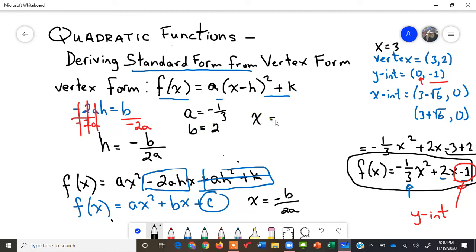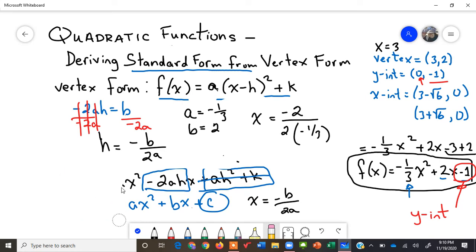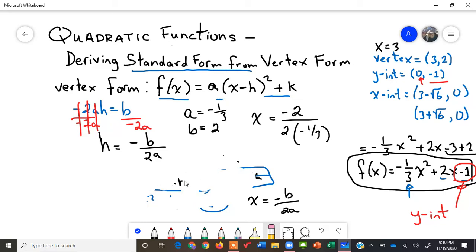If we go x equals negative b over 2a, we have a negative over a negative, so it will be a positive. We can even cancel the 2's, but instead of canceling the 2's like that, let's think of this as a division problem, because when I multiply the 2 and the negative 1/3, I get a negative 2/3.